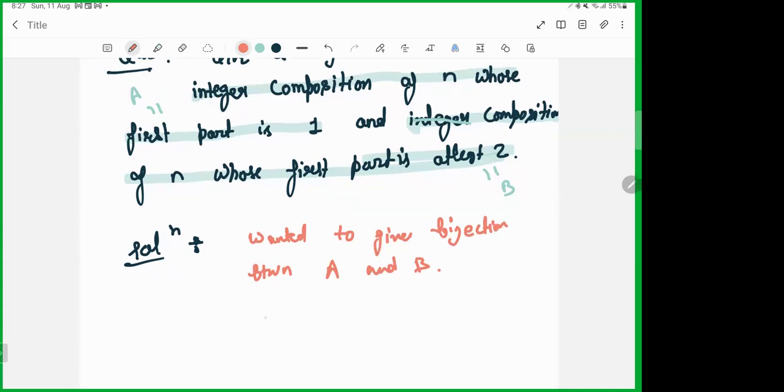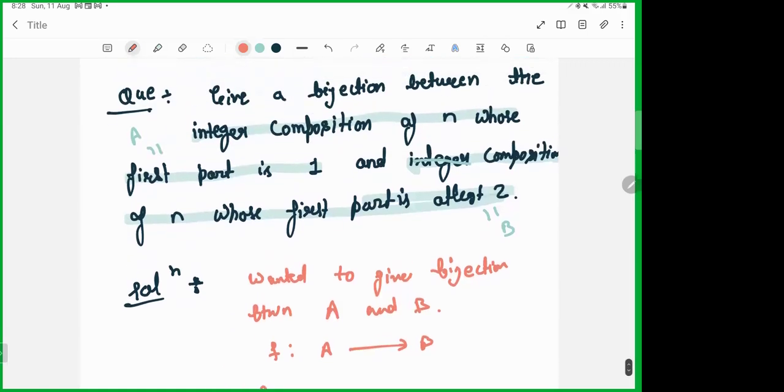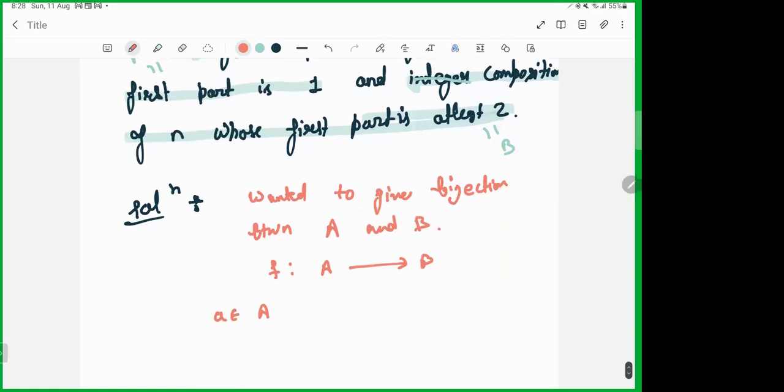Sir, in set A, we can say that the first part is fixed. So it's equivalent to giving a partition of n minus 1. A belongs to A means A is of the form 1, comma, a2 to ak.